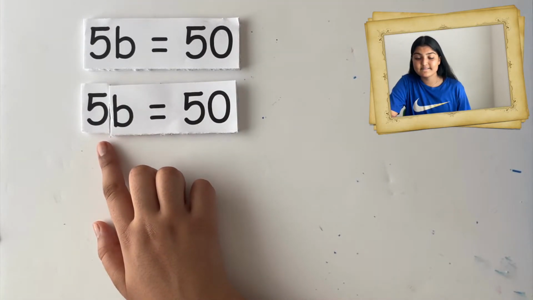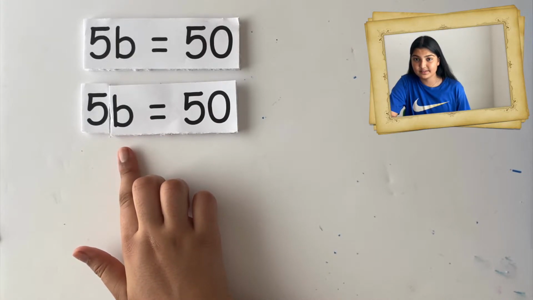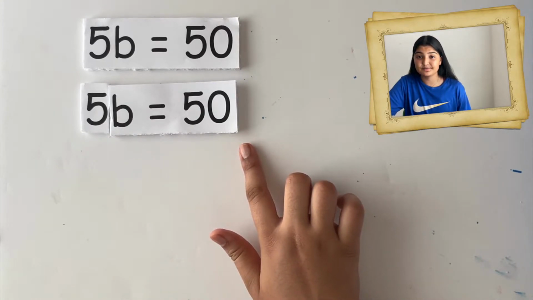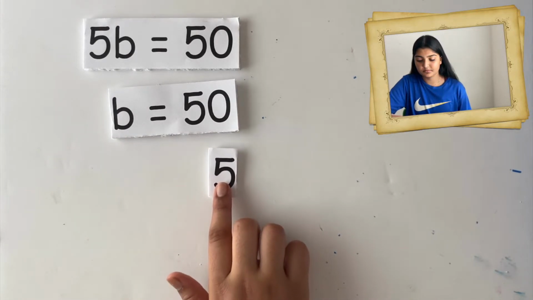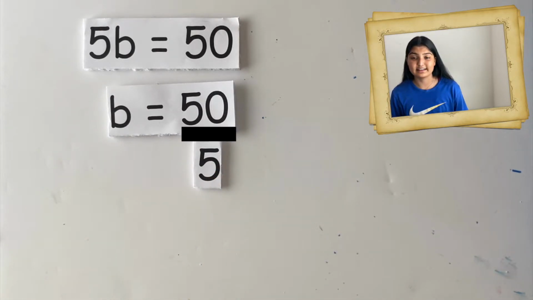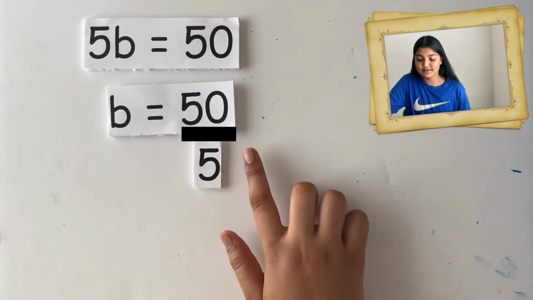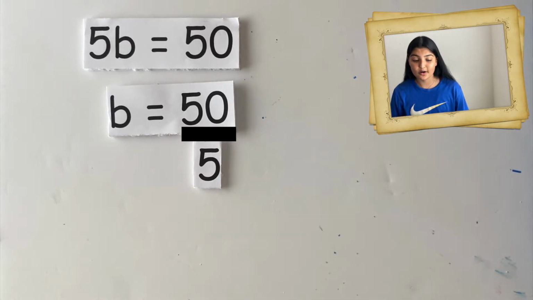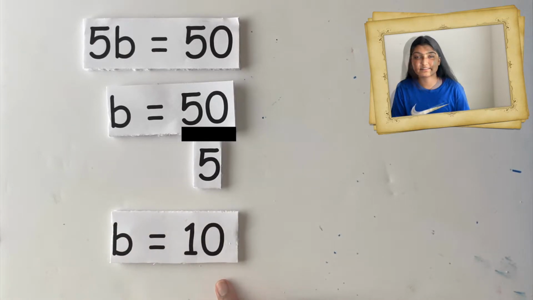Here, 5 is multiplied into b. So when we take it to this side of the equation, we will divide it. So b is equal to 50 divided by 5, or b is equal to 10.